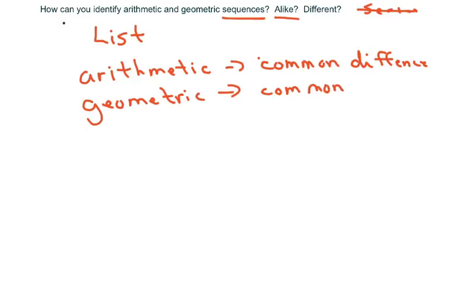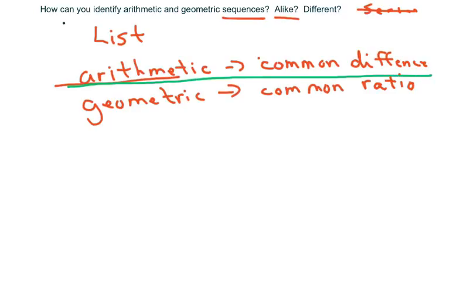That means you're multiplying it by a number before it. Okay? The arithmetic ones are linear in nature, and the geometric are exponential in nature.